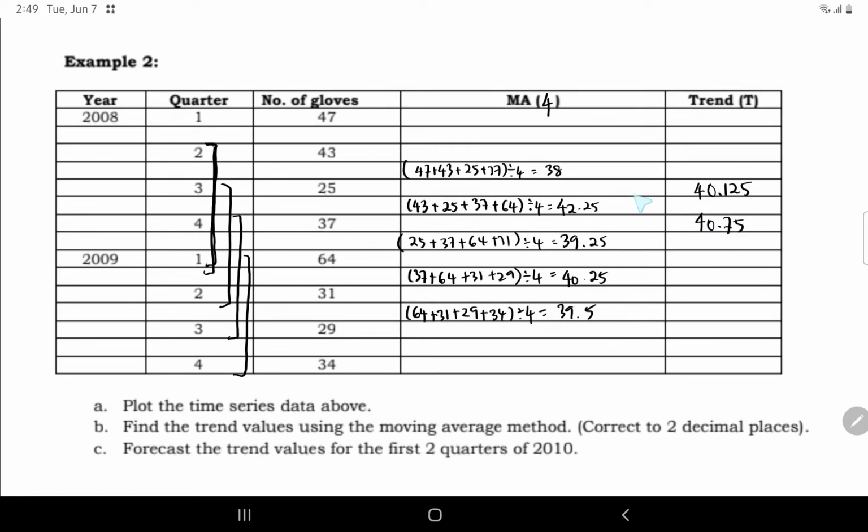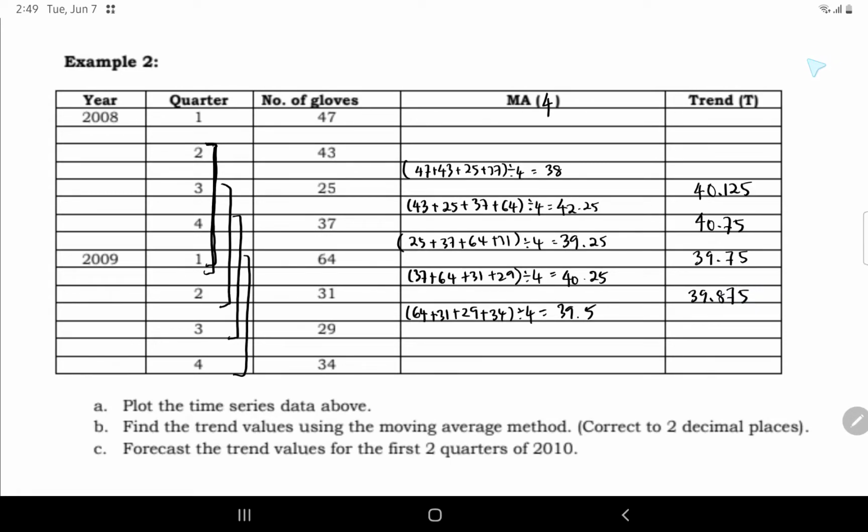And then between the next 2, 39.25 plus 40.25 divide by 2. The answer is 39.75. And the last 2 pairs is 40.25 plus 39.5 divide by 2. So the answer is 39.875.